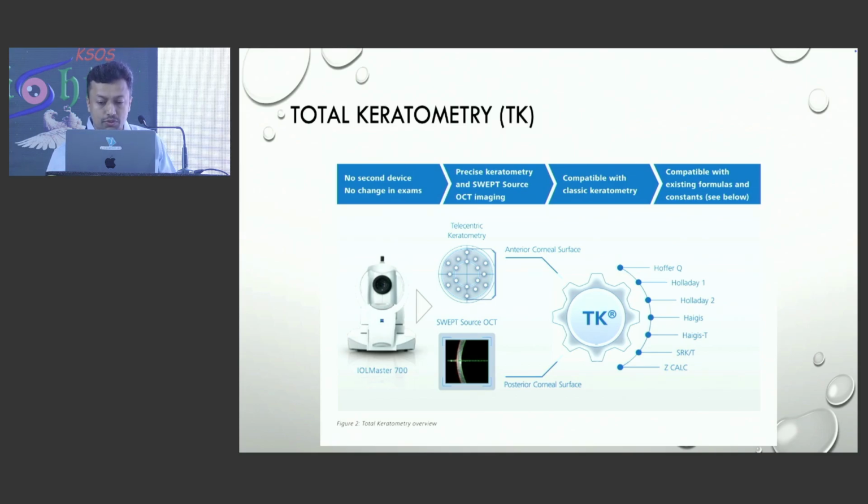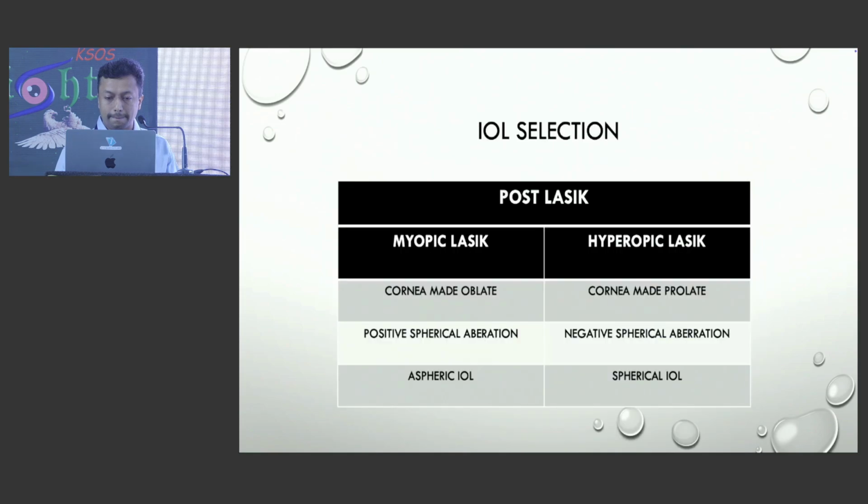You can see the anterior and posterior sides of the cornea. The anterior is calculated with the 3-point telecentric keratometer, and the posterior one is calculated with the swept source OCT. It forms a 3D image of the cornea, and the formulas can be incorporated into the machine to get the proper value.